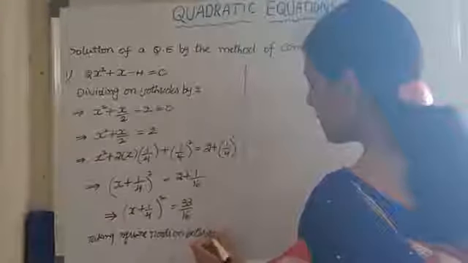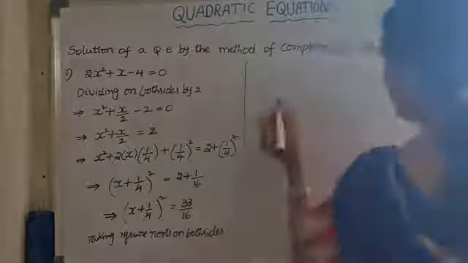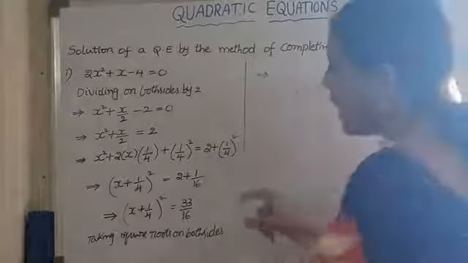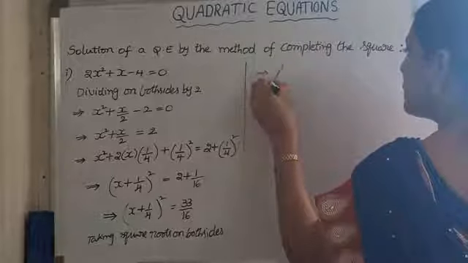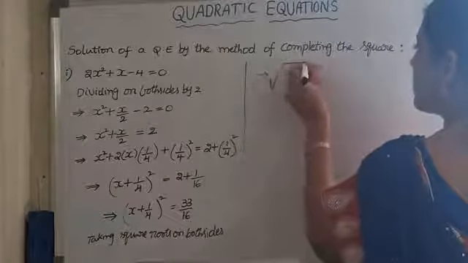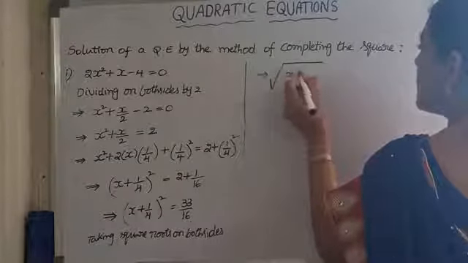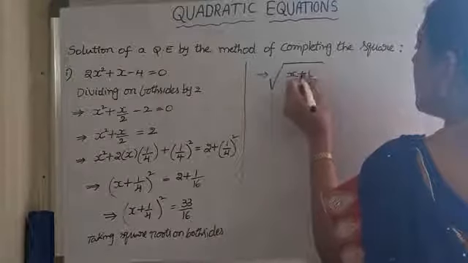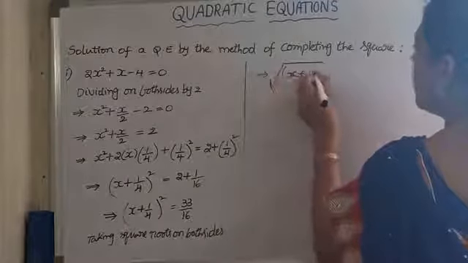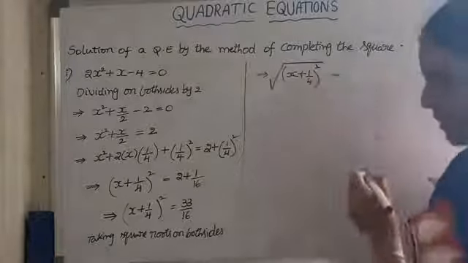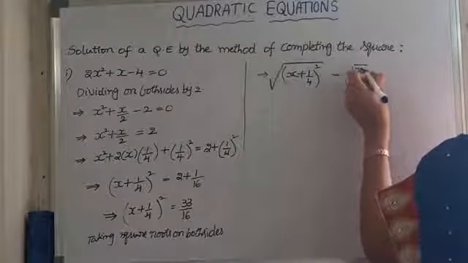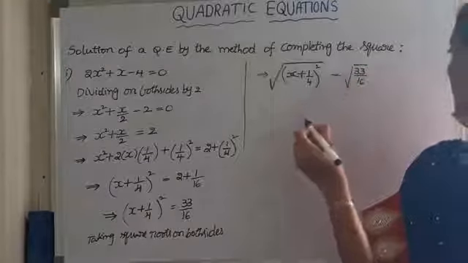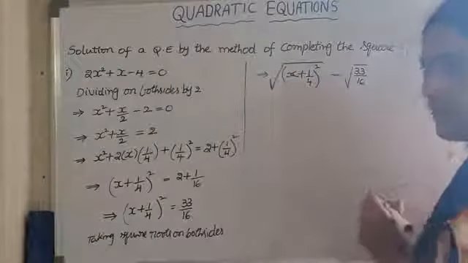So next this becomes the square root of x plus 1 by 4 whole square is equal to the root of 33 by 16. Square and root get cancelled, you know.